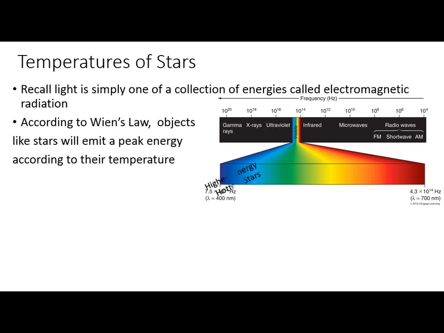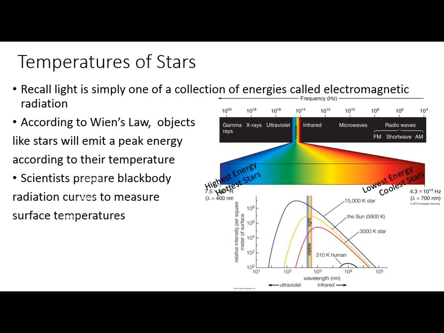So I think we talked about Wien's and Stefan-Boltzmann's law when we talked about energies. And so we actually have, these are the radiation curves I think we talked about before.